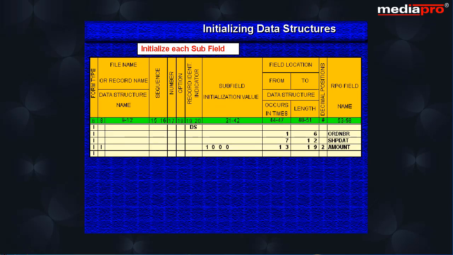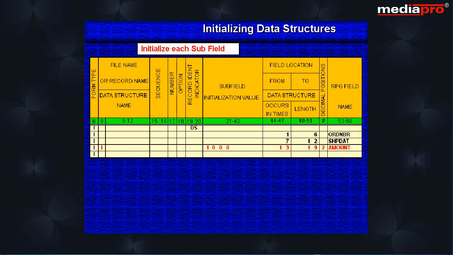Another method is to initialize each subfield. Here you write an I in column 8 of the input specification for the field you want to initialize. Starting in column 21, you specify the value with which to initialize the field. Character values should be enclosed in apostrophes.